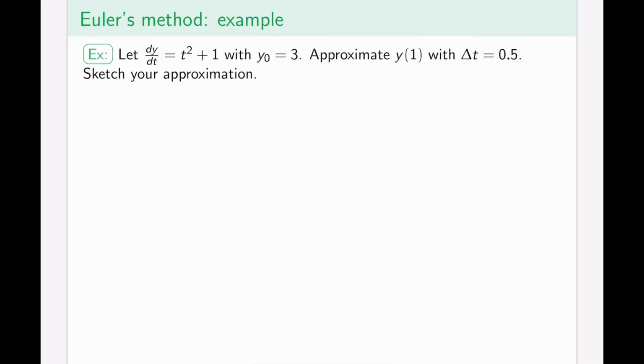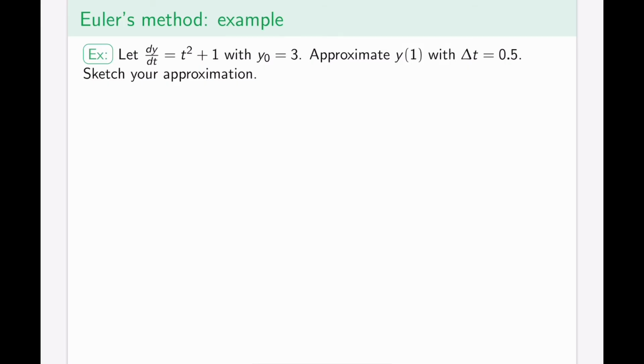So first, let's just think about that for a second. I am given the value at 0. I would like to approximate the value at 1, so between 0 and 1, and my step size is 0.5, which means I will have to take 2 steps of Euler's method to get from 0 to 1 with this as a step size. Because it's going to be more than one step, I'm going to create a table to keep track of things.